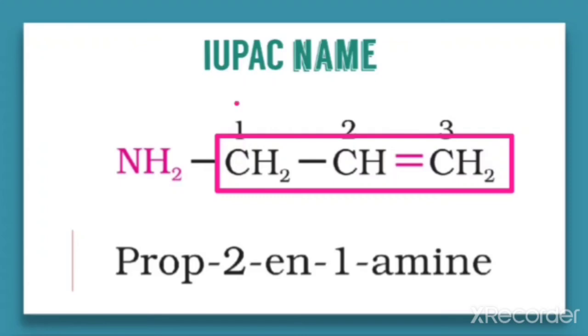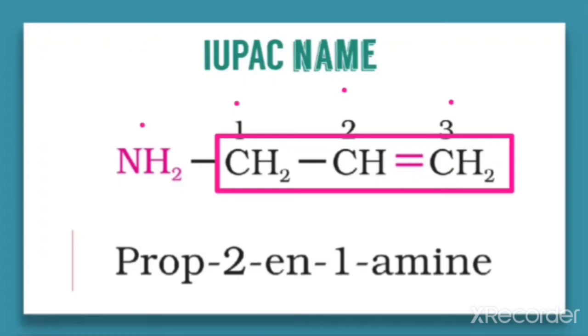And I told you counting you have to do, because here the functional group NH2 is there. So we have to start the counting from nearer to the functional group. So the first carbon will be this carbon, then this is the second, this is the third. So how do we name this one?